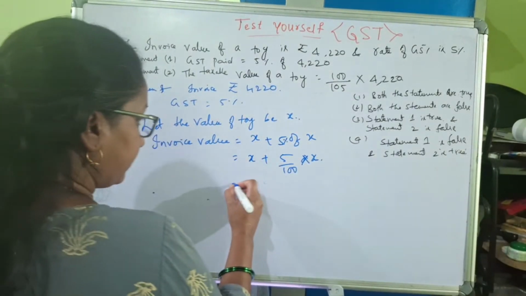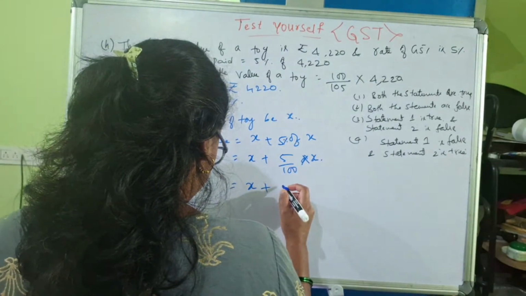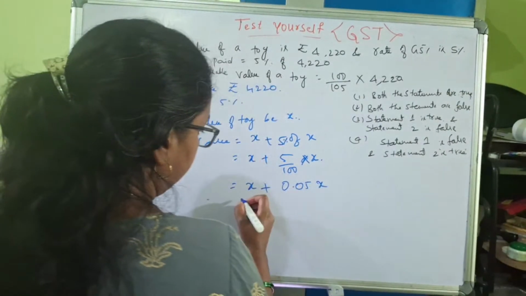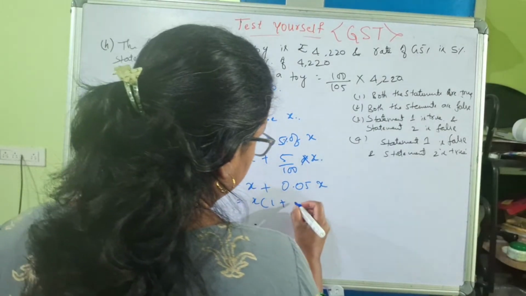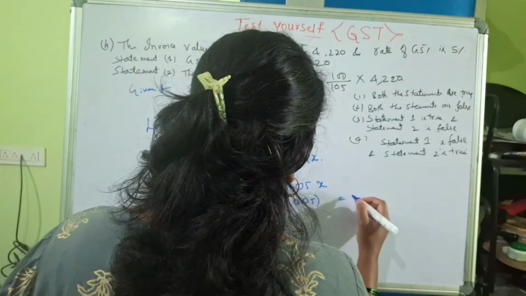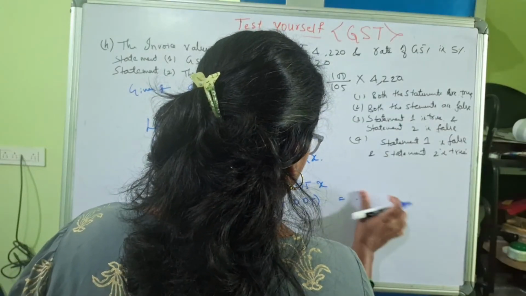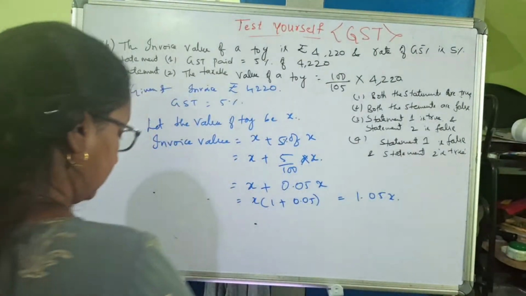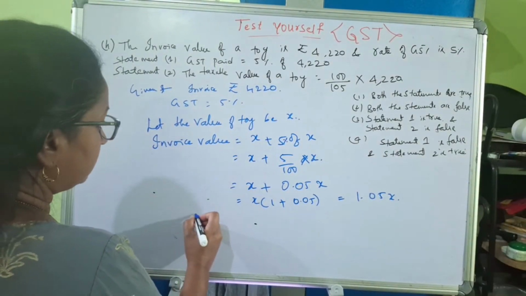That means X plus 0.05 of X. If we take X as common, it is 1 plus 0.05, which is equal to 1.05 of X. Here they have already given the invoice value.